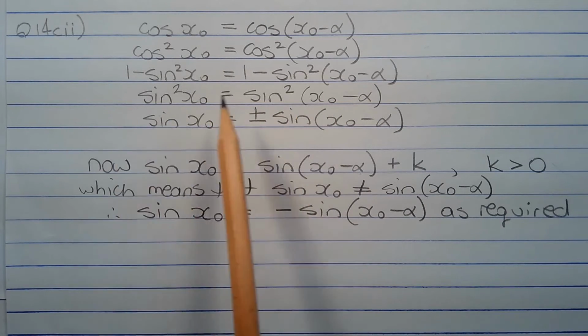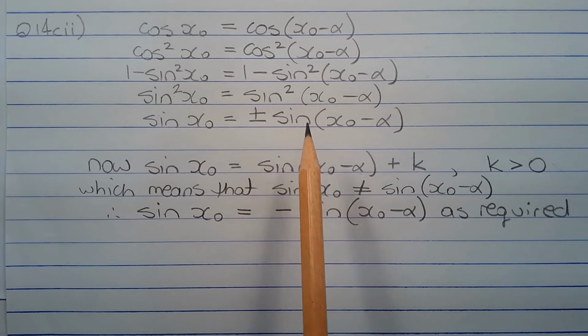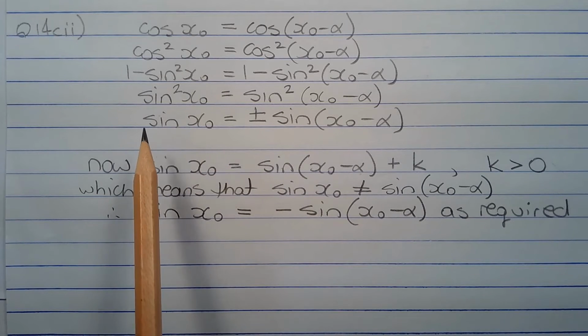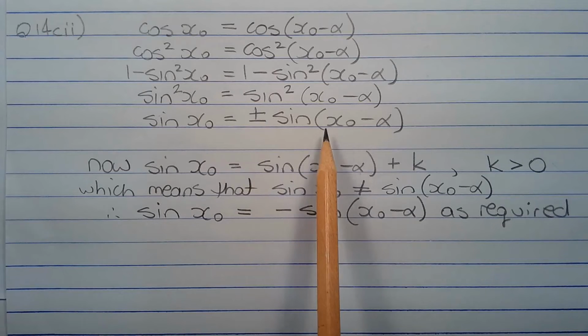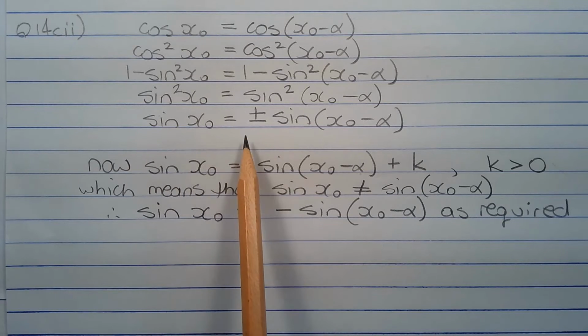Taking the square root of both sides, we have sin x0 equals plus or minus sin(x0 minus alpha). Next, we need to determine whether sin x0 equals positive sin(x0 minus alpha) or negative sin(x0 minus alpha). But we're asked to show that sin x0 equals negative sin(x0 minus alpha).